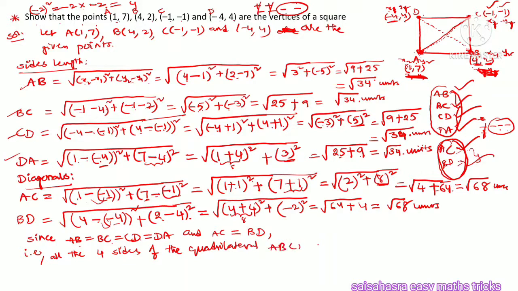AB, CD are equal and its diagonals, what are the diagonals? AC and BD are also equal.